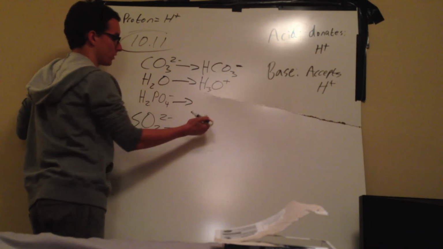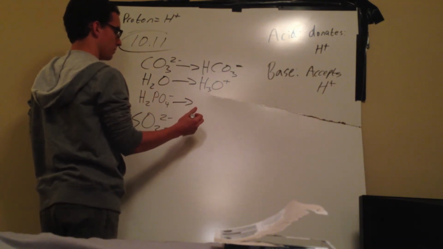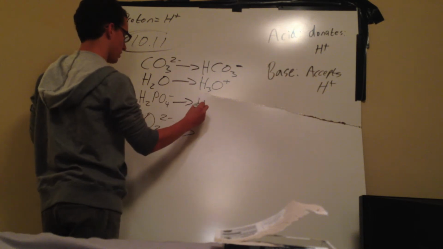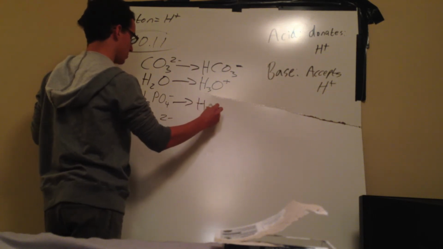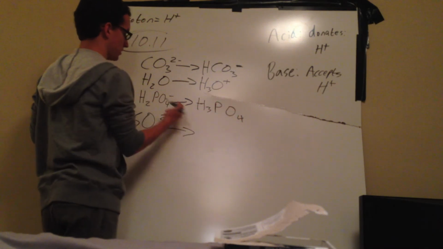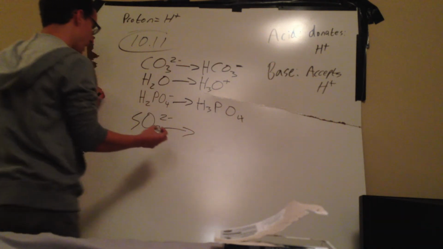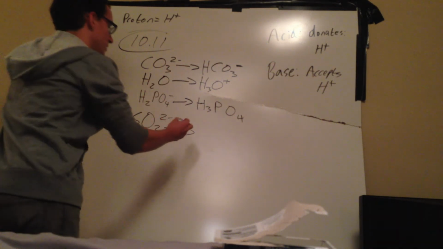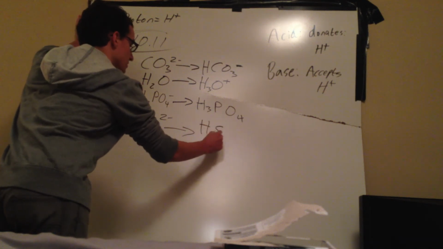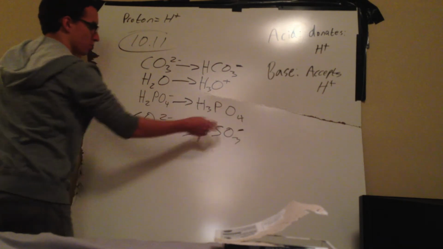H2PO4 minus is going to become H3PO4 because we're adding a hydrogen, or a proton, whatever you want to call it. And then it's going to be a neutral charge because it's bringing a negative up to a 0. Now we have SO3 2 minus, and that's going to be HSO3 minus, because that -2 is brought up 1.